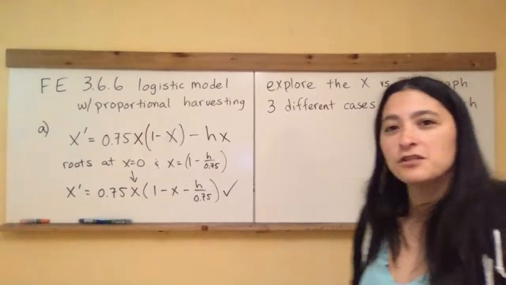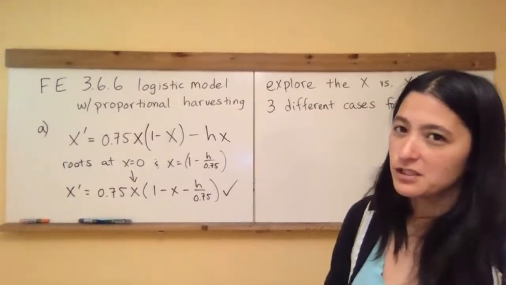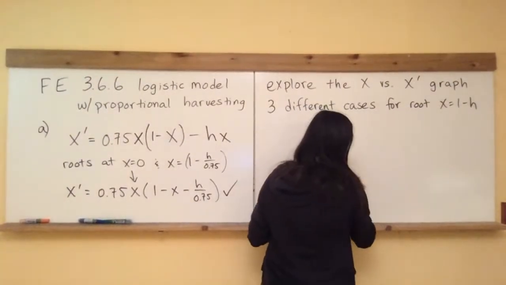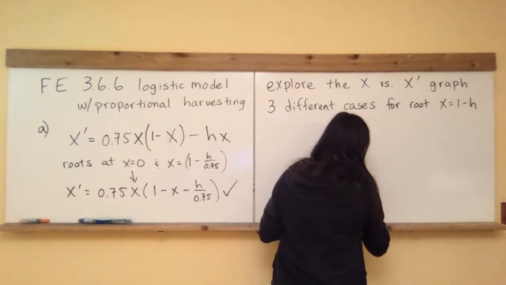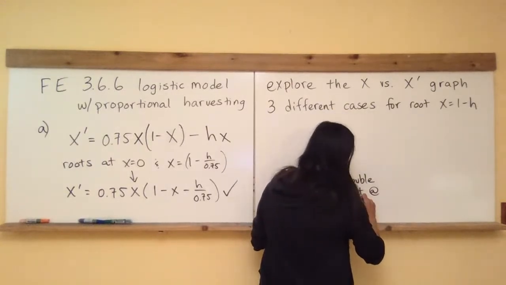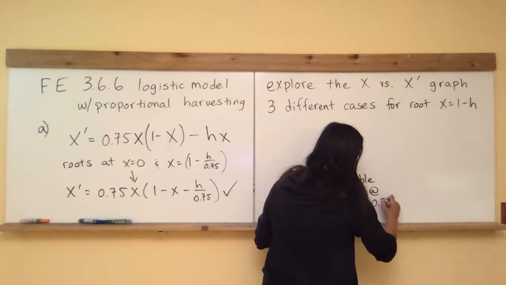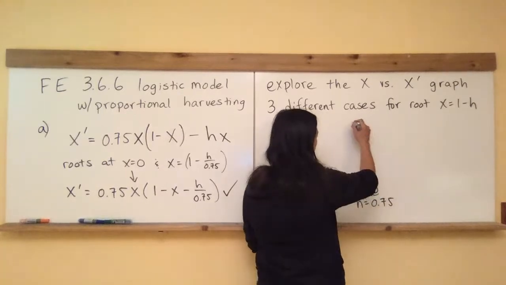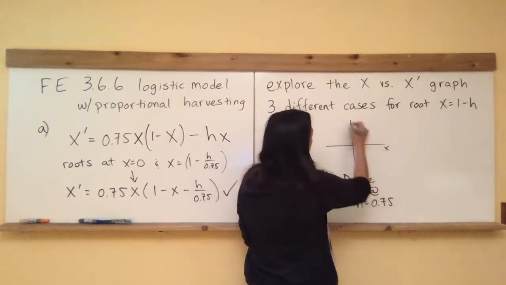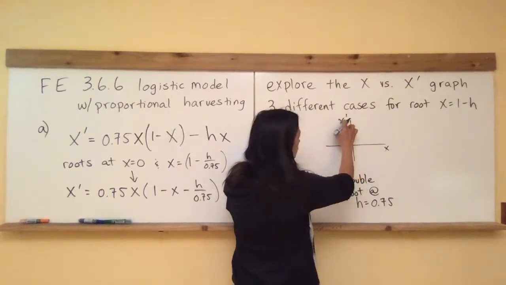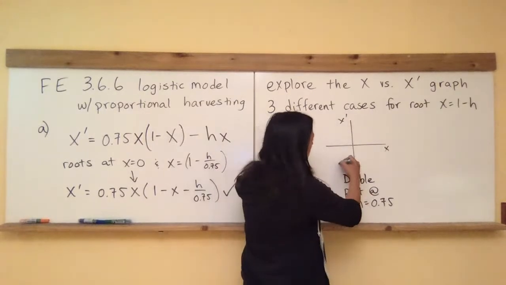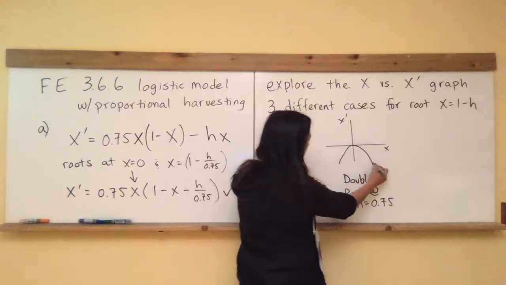Okay, so there's still 3 different cases, but like we just talked over, there's the middle case here where we have the double root. And that happens at h is equal to 0.75. Okay, you'll see this on the Desmos graph. If you take a graph of x versus x prime, right at the point where h is equal to 0.75, that's where the double root happens.